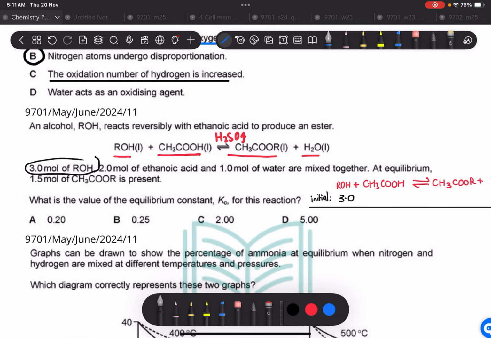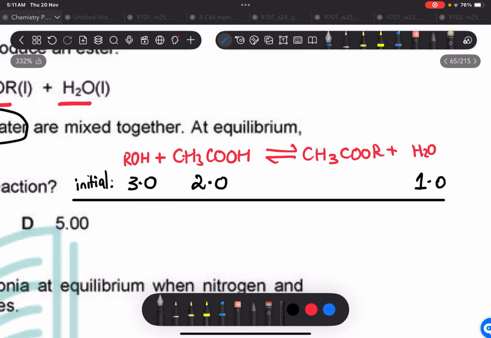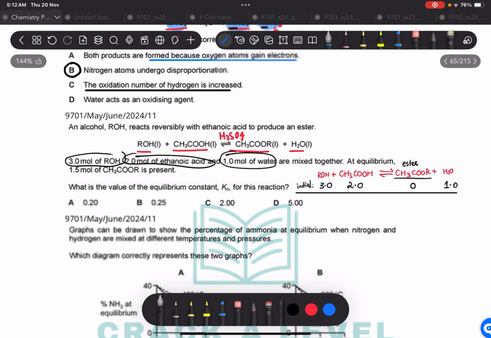Okay? 2 moles of ethanoic acid, 2.0 moles of ethanoic acid, and 1 mole of water. And you have 1 mole of your water mixed together. This means in the beginning, you have 0 moles of the ester, because it's not given in the question, so we're going to consider it 0. Okay, at equilibrium, 1.5 moles of your ester is present.